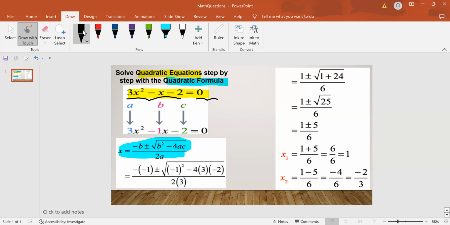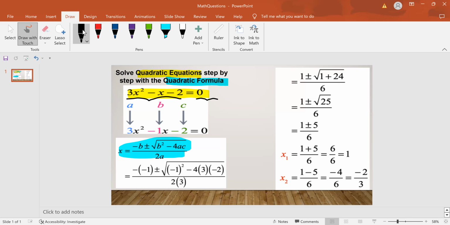To use the quadratic formula, we want to make sure we have the expression on one side and zero on the other side. In case they give you an equation where the other side is not zero, it's mandatory to make it zero before you solve it. We're going to have another video on that, but let's just focus on this.